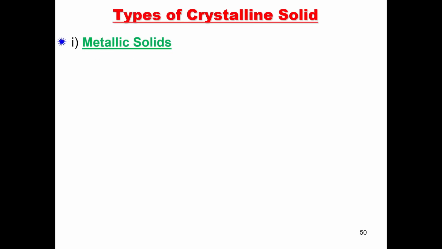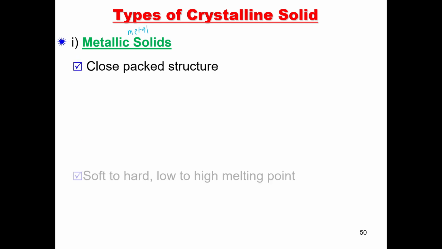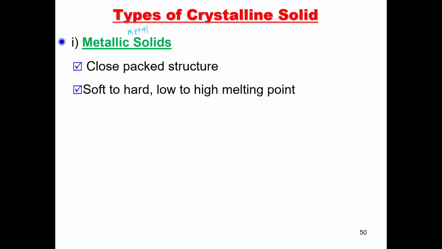For the first type of crystalline solid, metallic solid. Metallic solid means it comes from metal. In your periodic table, all the metals are on your left hand side. So we have a closely packed structure.